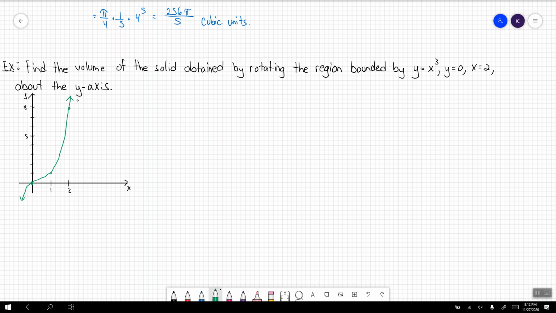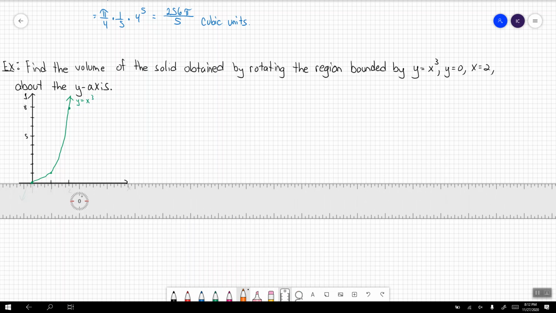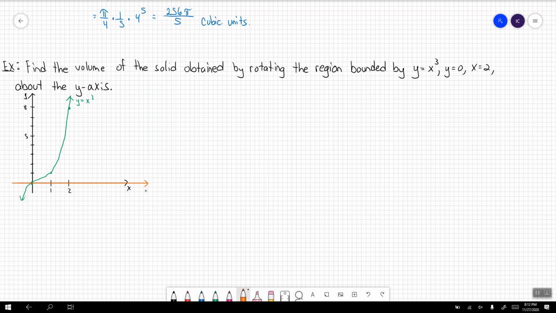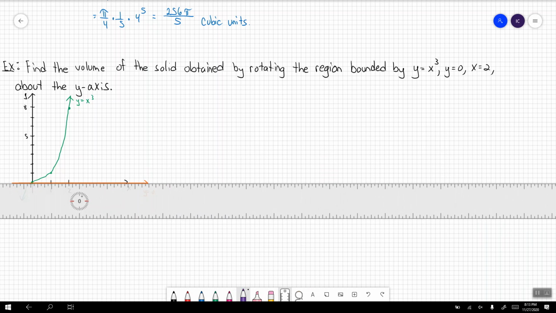Alright, so here we have y is equal to x cubed, and we're also going to have y is equal to 0. Y is equal to 0 is another name for your x-axis. So here's y is equal to 0, and we're going to have x is equal to 2.